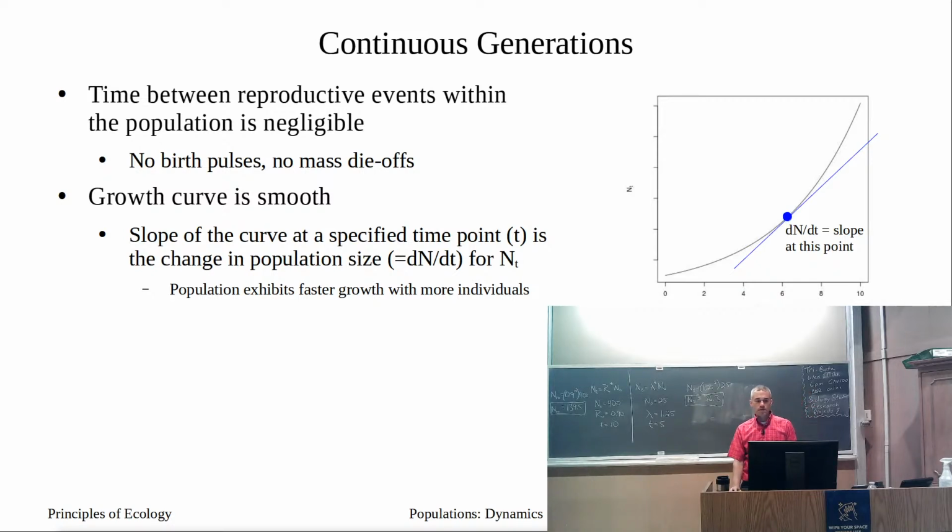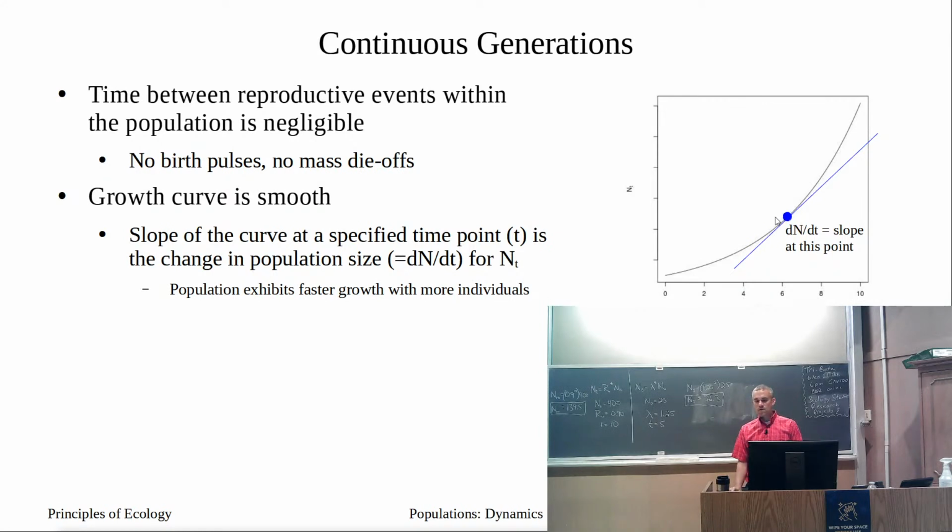The slope of our curve at any of these time points is going to represent the change in our population size. So I took a spot right here, this point, and what we're interested in is how fast our population is changing at this point.